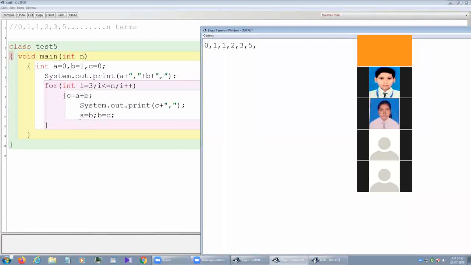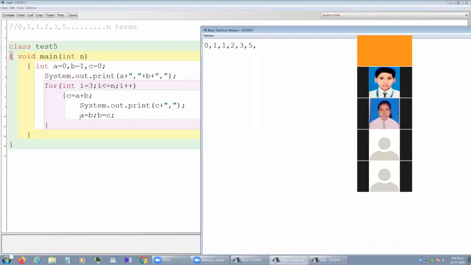Yes sir. How will we print these 4 terms without iterating? If you want to print 6 terms, already 2 terms are there. So for the remaining 4 terms, we have to iterate and print them. So this iteration we are doing with this I. Do you have any problem? No problem sir.